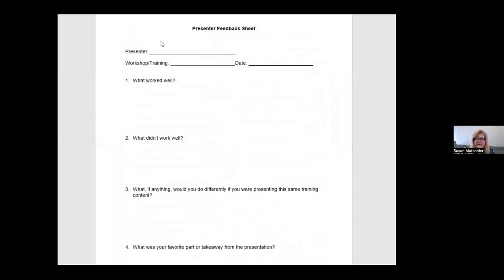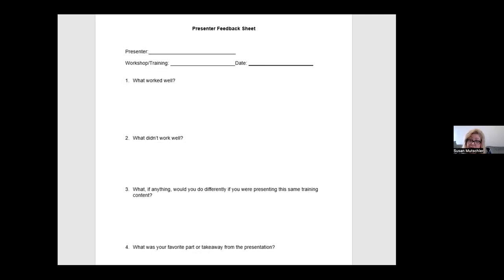Okay, so this is our presenter feedback sheet, and this is also in your share drive. When we do our participant presentation assignment, and you share your activity or your PowerPoint or whatever it is that you're working on with the rest of the group on our last session, I would like everybody, if it's possible for you, to fill this sheet out.